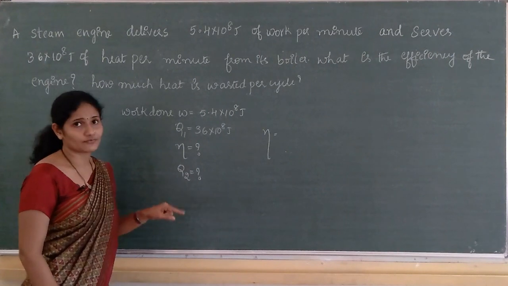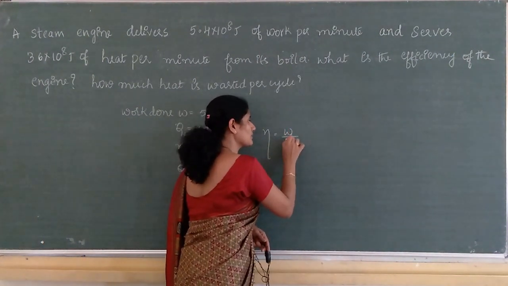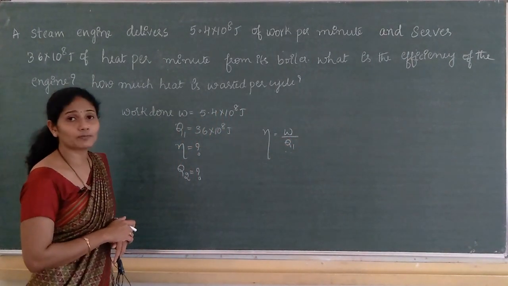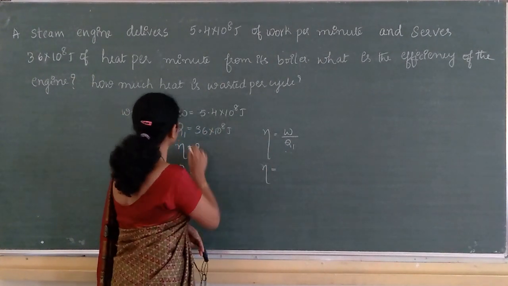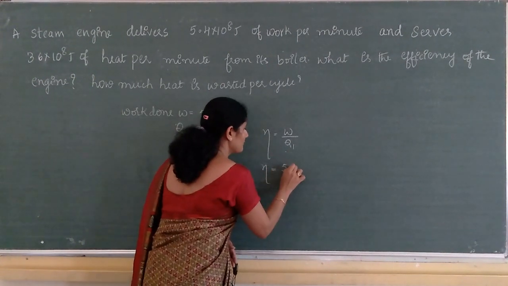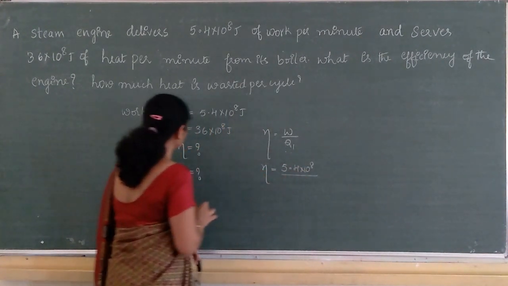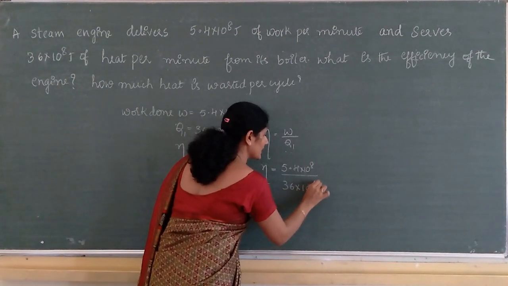One more formula we have, efficiency eta is equal to work done divided by heat input, right. Efficiency eta is equal to W divided by Q1. So, efficiency is equal to W, 5.4 × 10^8 divided by Q1, which is 36 × 10^8.